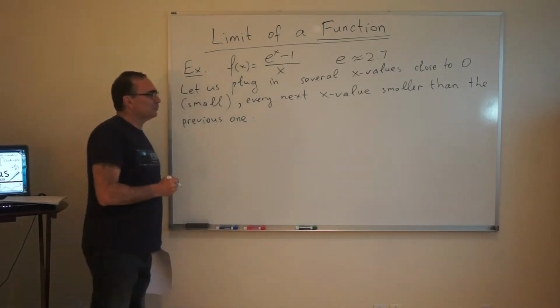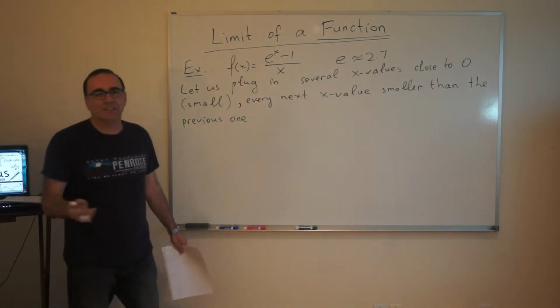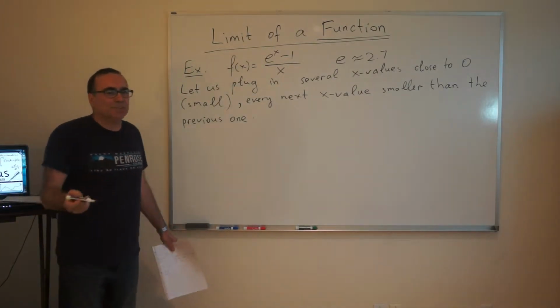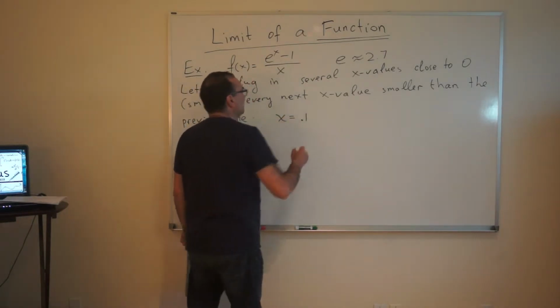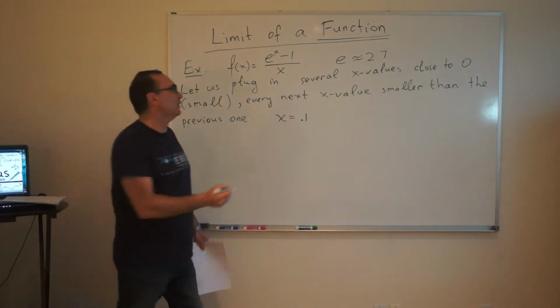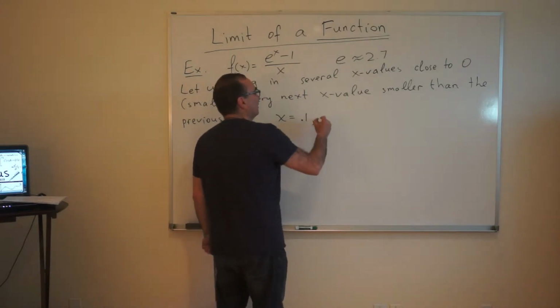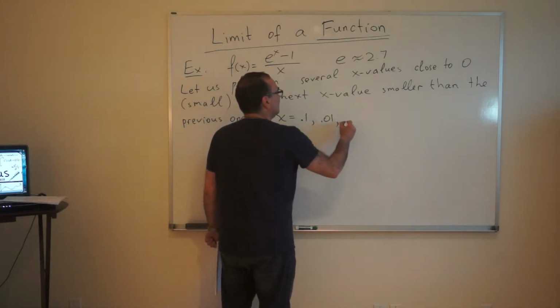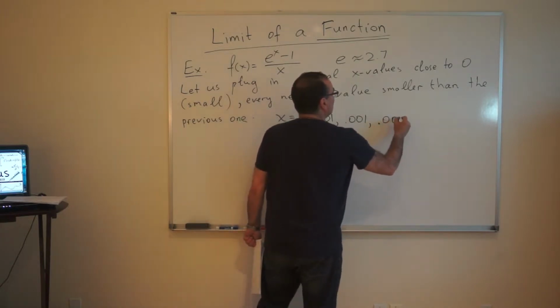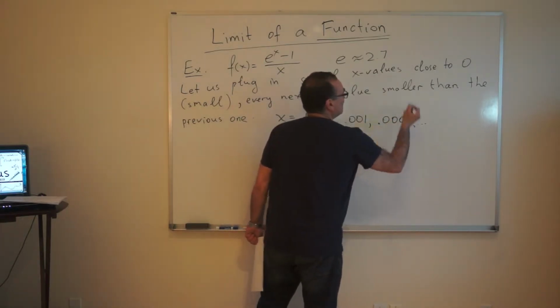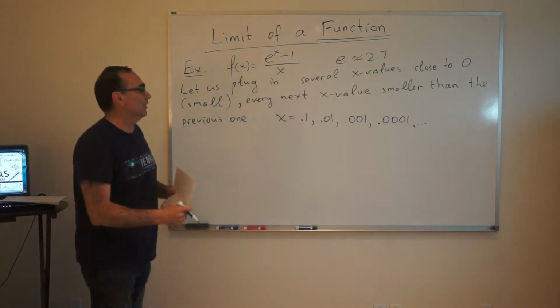Now, exactly how to choose those x values is not really that important, but I will choose the easiest. For example, the first value will be 0.1, 1/10, which is pretty small. The next one will be even smaller, smaller than 1/10: 1/100, 1/1,000, 1/10,000. I mean, we need to stop somewhere, so I will stop there.